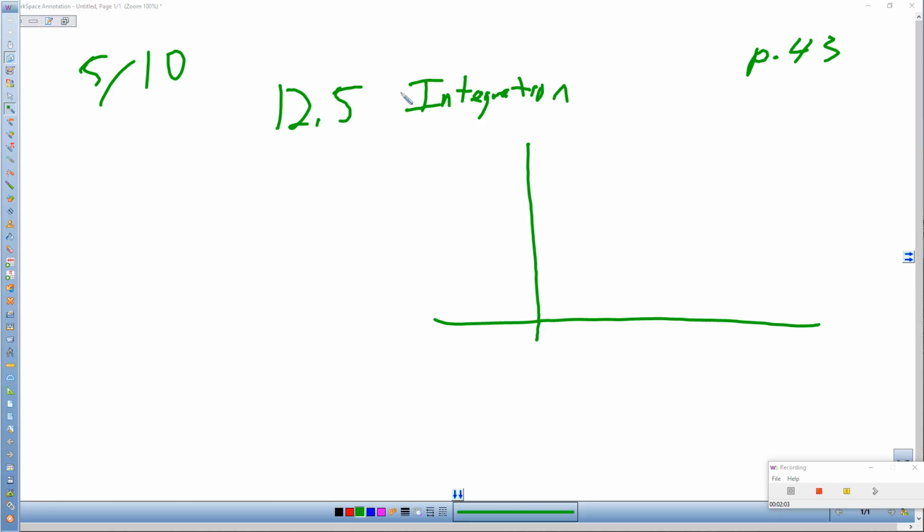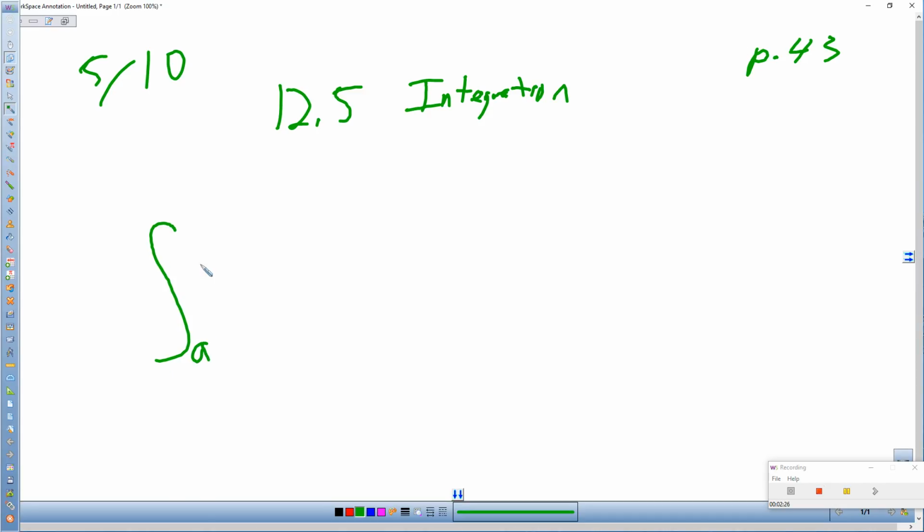Now, the definition of your definite integral. That's what this symbol means, the integral from a to b of f of x dx. So this tells us the starting point.